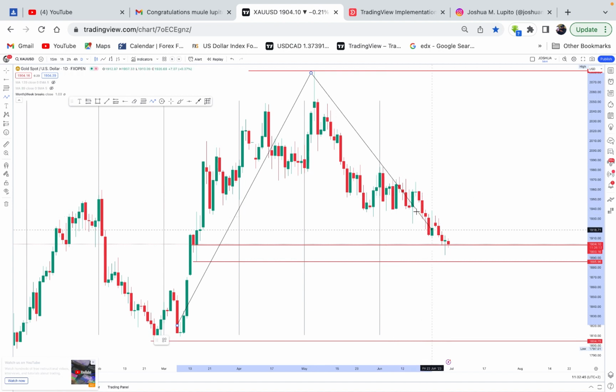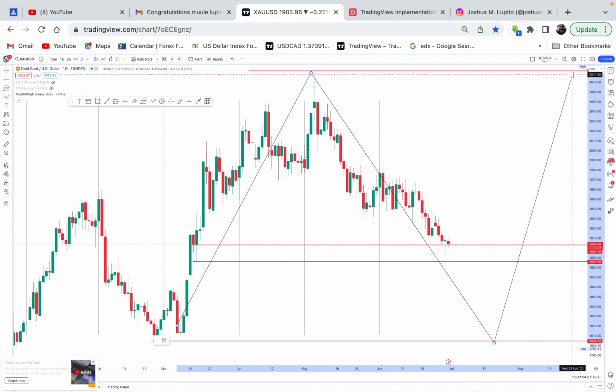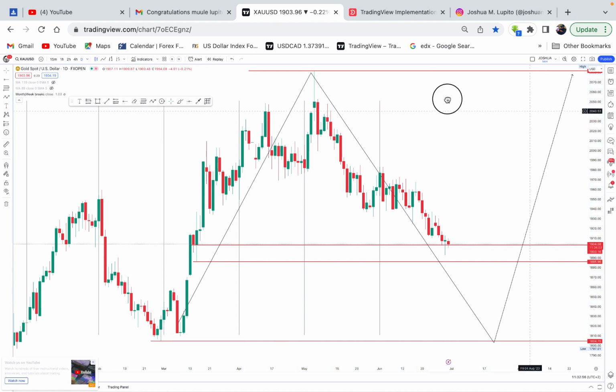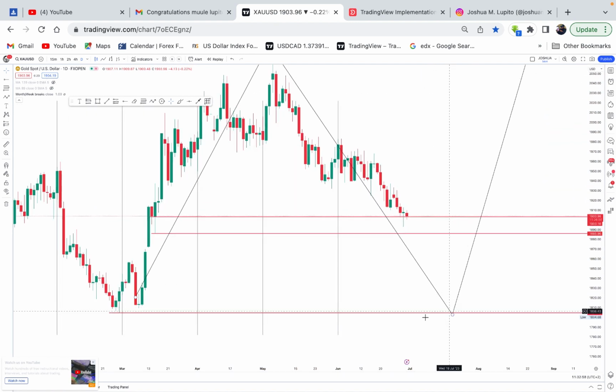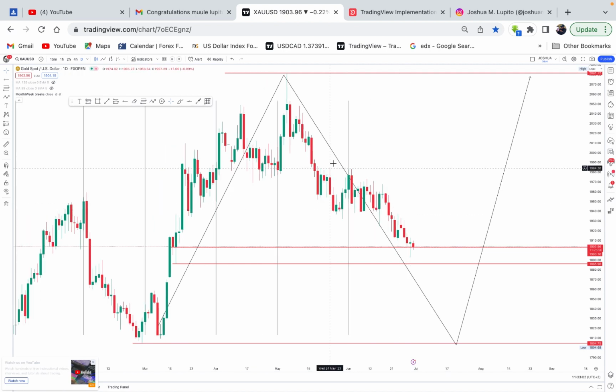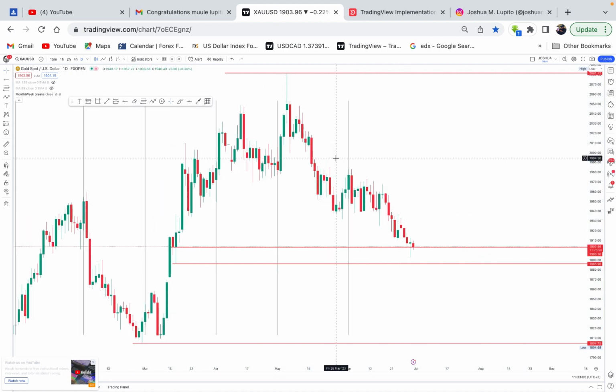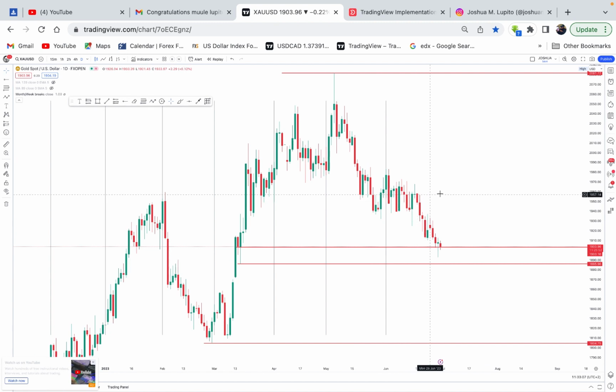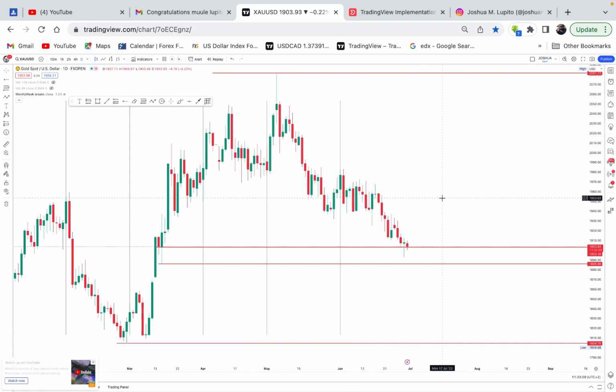For the market to change direction from a downtrend to an uptrend, we have to hit this level of support and then push to the upside if the market respects this region here, right? This is what I can see on the daily time frame.